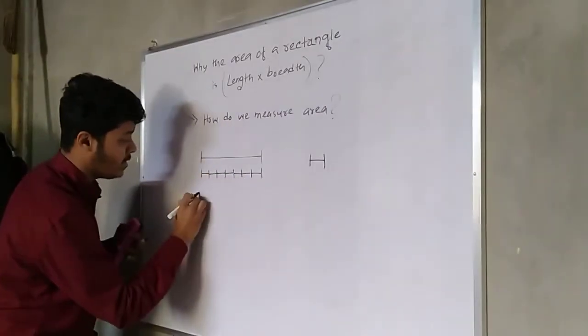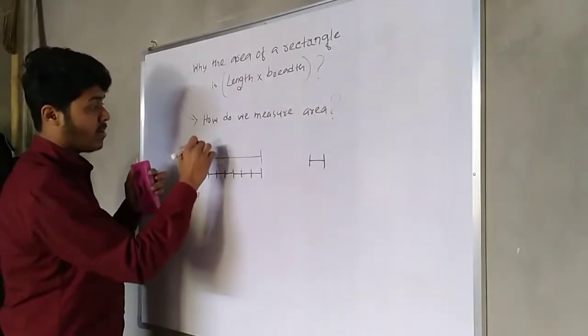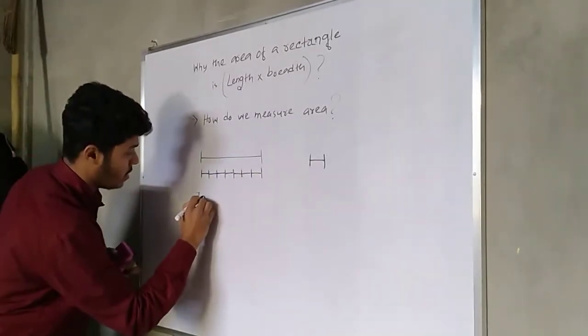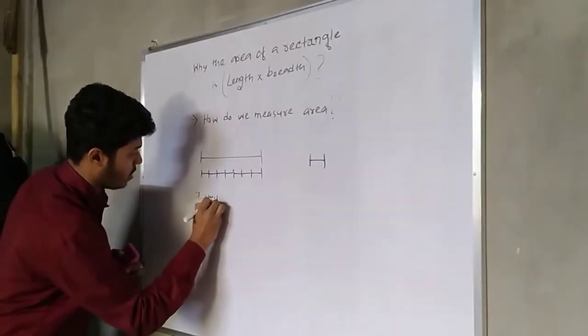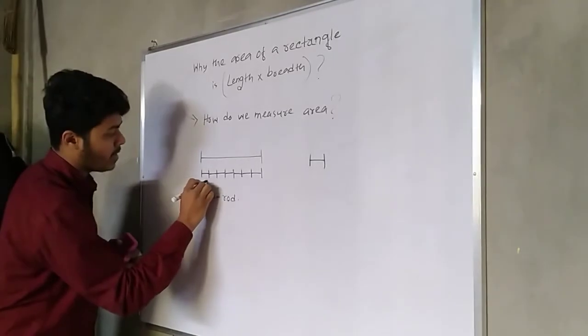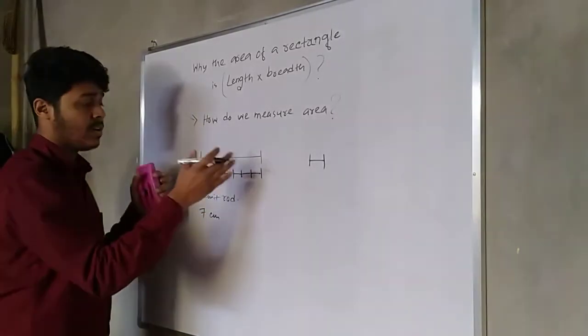We need to arrange 7 unit lengths side by side to get the length of my rod. So we say the length of the rod is 7 unit rod. I can call my unit rod a centimeter, so you can call it 7 centimeters. The length of the rod is 7 centimeters.